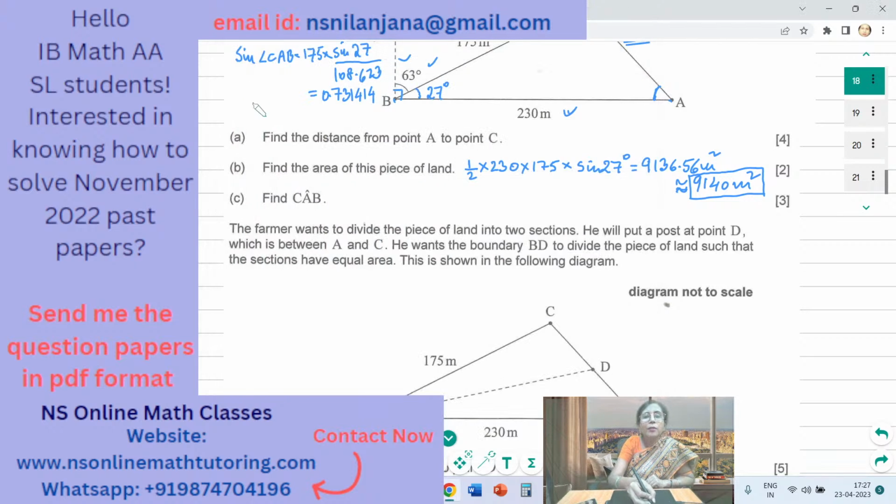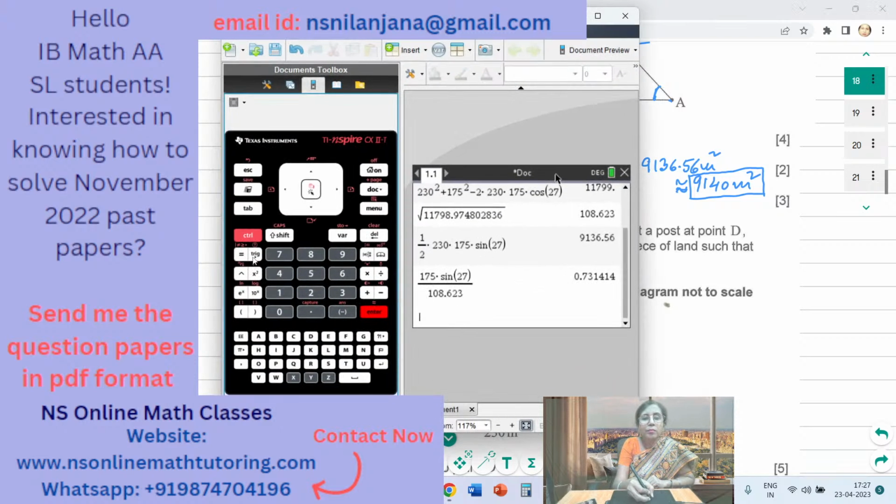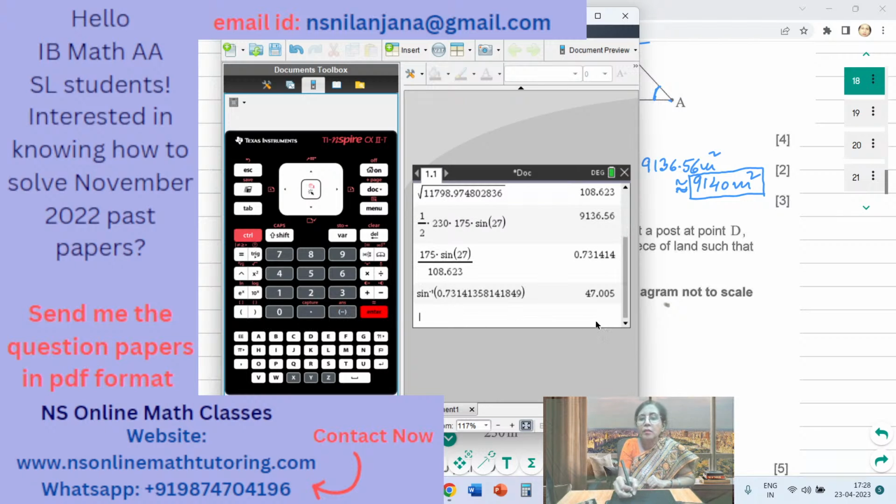Now we have to take the sine inverse of that. Therefore, angle CAB will be equal to sine inverse of 0.71414, which is 47.005.